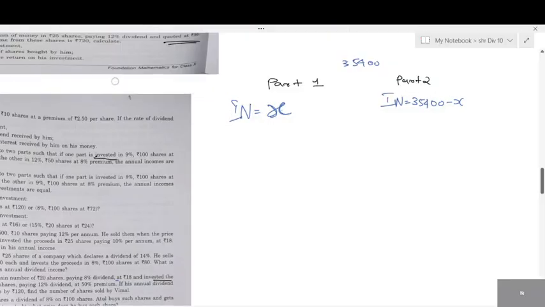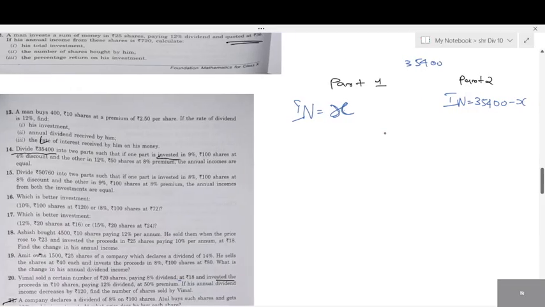So part 1 is split into two parts, students. We know that part 1 investment is X, part 2 investment is the remaining value, 35,400 minus X. Such that part 1 is invested. There. Tell me all the part 1 calculations, students. What is part 1? 9% is what? Okay, 100 here is nominal. Nominal value is 100.